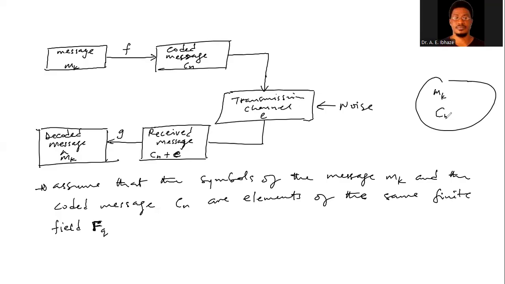So if we receive a 0 and we have been able to identify that that location is in error, all we need to do is to flip that 0, it becomes 1, and then we are good. So we have two options to flip through, either a true or a false. That is why the binary field is of paramount interest to us.